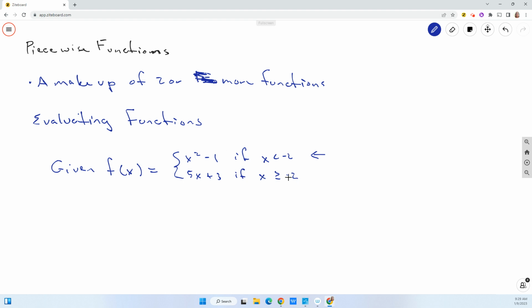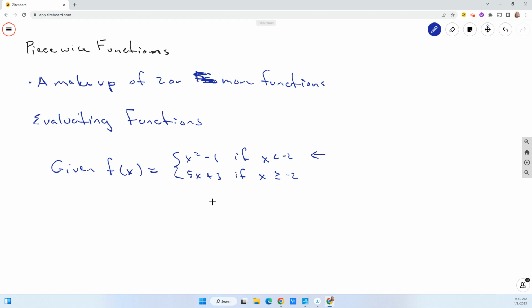If we're plugging in an x value that's greater than or equal to negative 2, we're going to use this equation to find the value. That's all piecewise means. So if x is less than negative 2, we use x squared minus 1. If x is greater than or equal to negative 2, we use 5x plus 3.